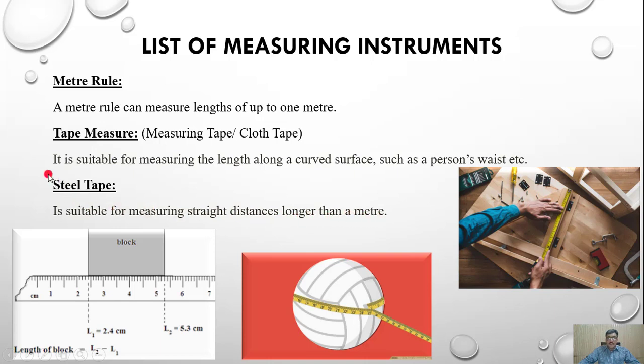And if we have to measure length along curved surfaces, as you can see here that we are measuring the length of this ball, then we have to use a tape measure. This is also suitable for measuring a person's waist. So tape measure, or you can say measuring tape or cloth tape, is better for measuring length along curved surfaces.